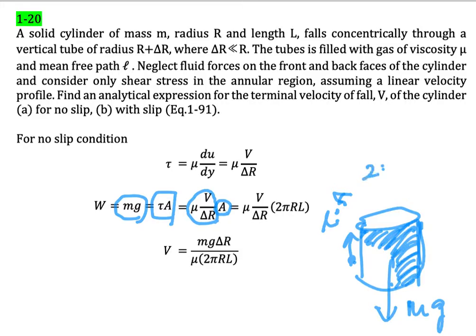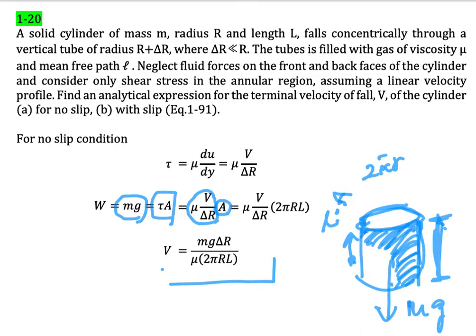It is equal to 2 pi R, the circumference, times L, the height of this cylinder. So we could calculate the value of V as mg delta R over mu 2 pi R L.